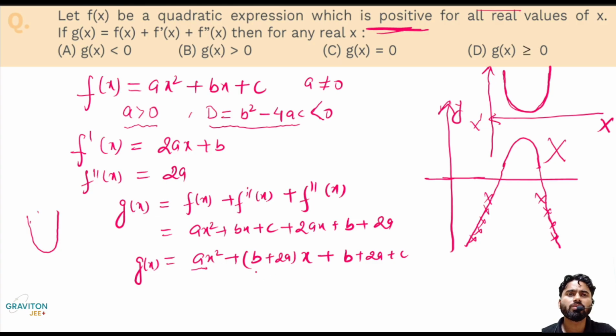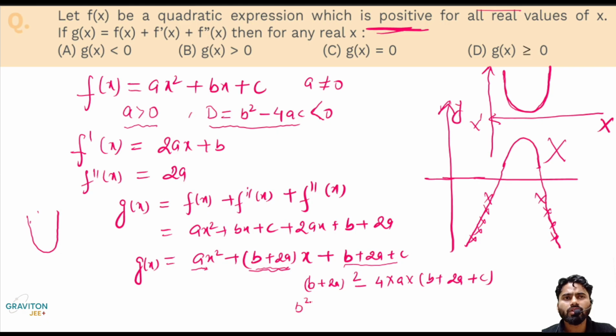So for the discriminant of the g(x) function, (b plus 2a) square minus 4 into a into (b plus 2a plus c). This is b square and 4 into a into c.